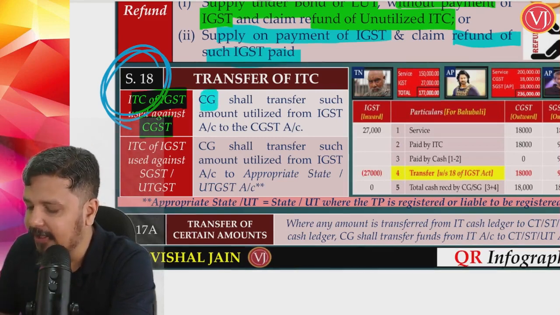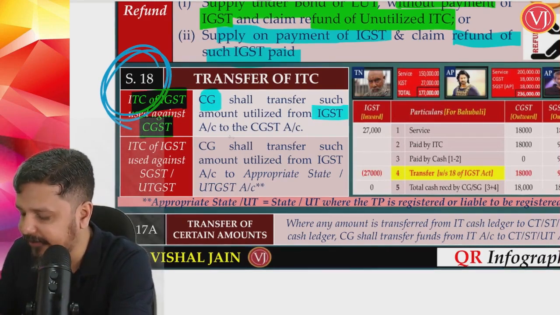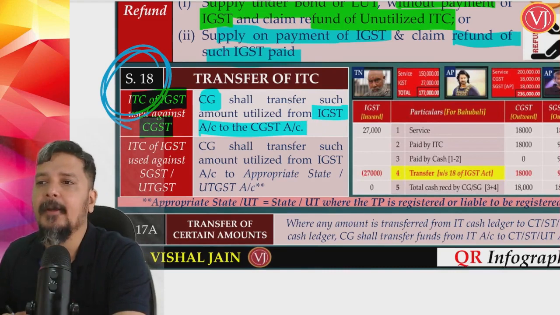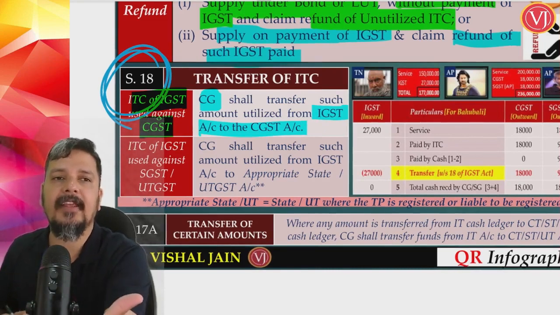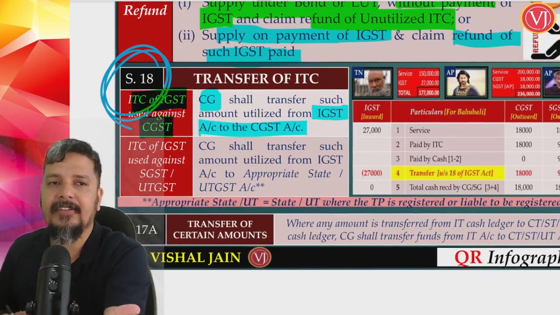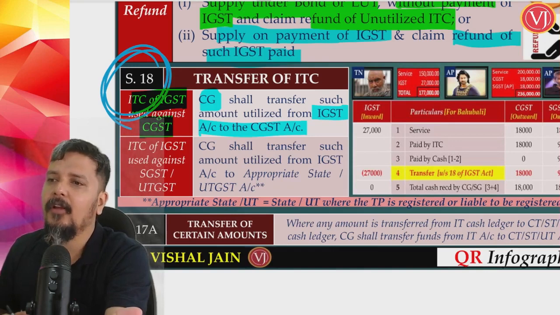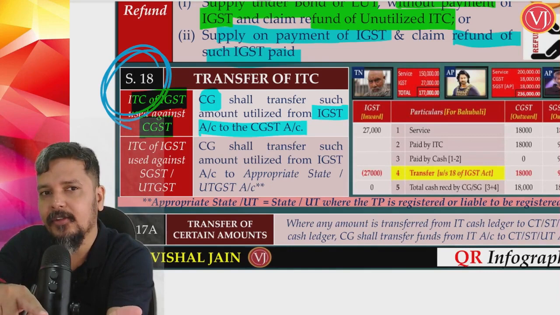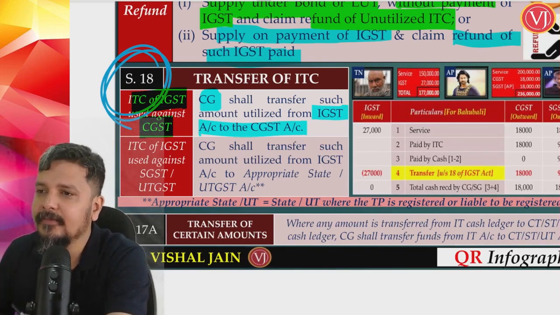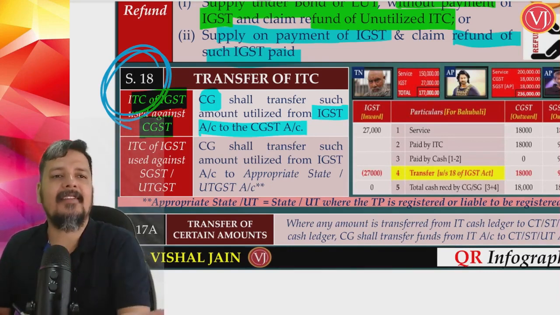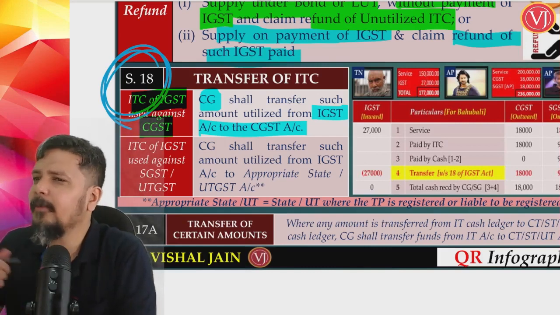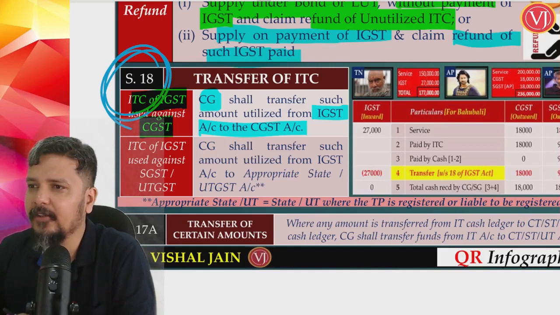That amount that central government was having in the account of IGST will be permanently given to central government account. Supposing central government is having IGST amount of, say, 10 lakh rupees as credit, out of which 5 lakhs is used for paying CGST. Please understand that IGST is always there with central government as a custodian, but it does not belong to the revenue of the government. It is not actually the revenue of the government.